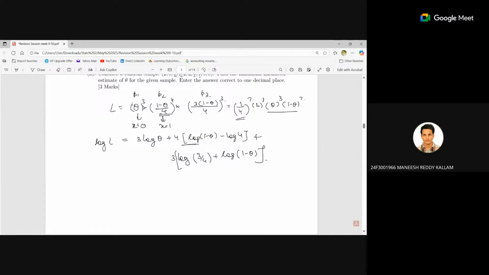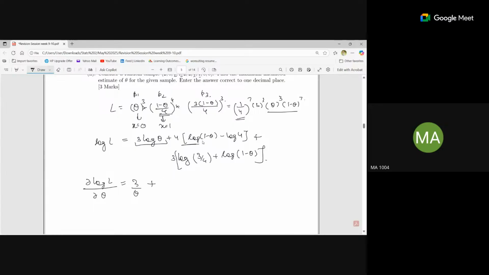Yes, please continue. Then the next step is we would be partially differentiating with respect to theta. Now the first, if we differentiate, this will be 3 by theta. Then second, 4 into log 1 minus theta, this will be 4 divided by 1 minus theta into minus 1.